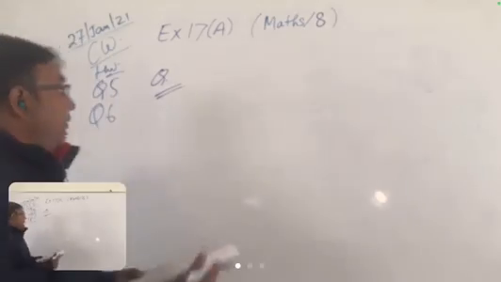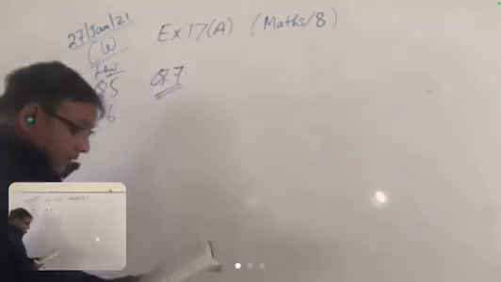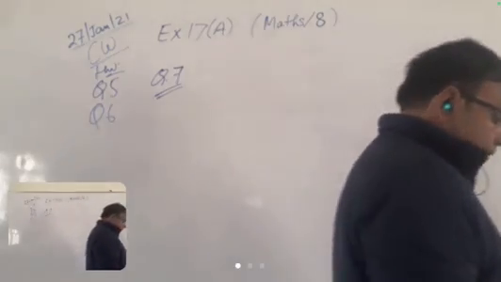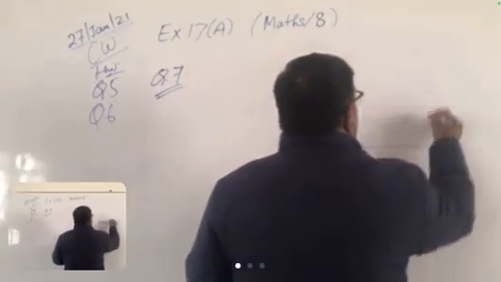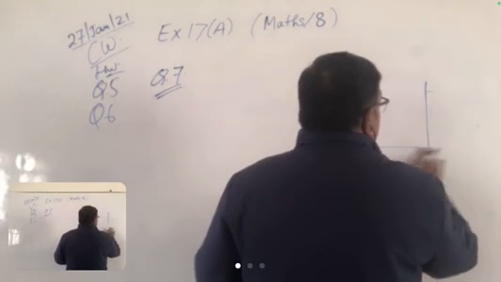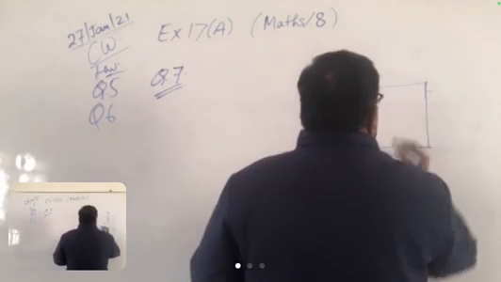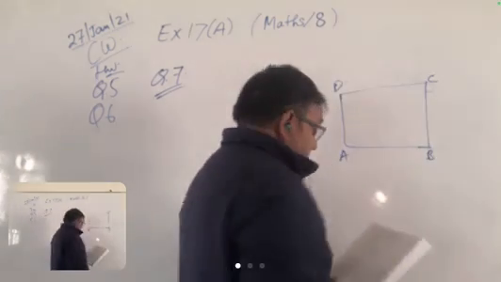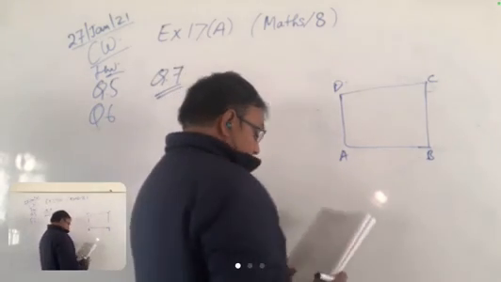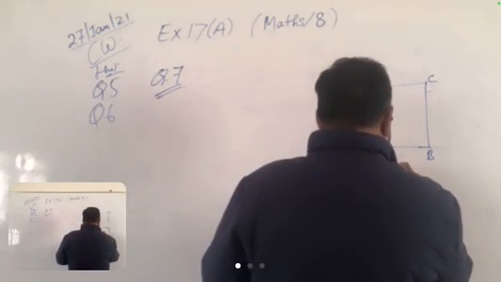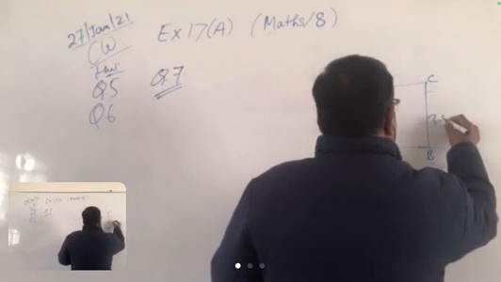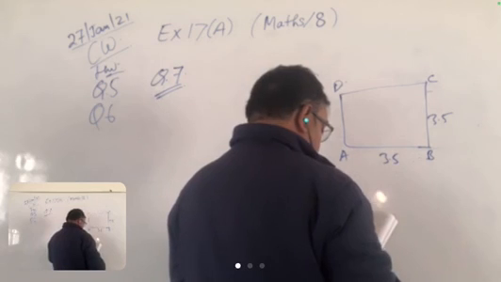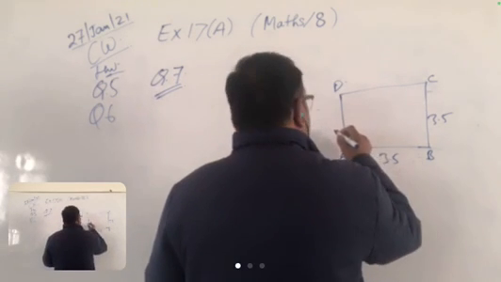Now the seventh question. Now read the seventh question, please. Construct a quadrilateral ABCD in which AB equals BC equals 3.5 centimeter and AD equals CD equals 5.2 centimeter and angle ABC equals 120 degree. ठीक है. 3.5, and this is AD and CD.